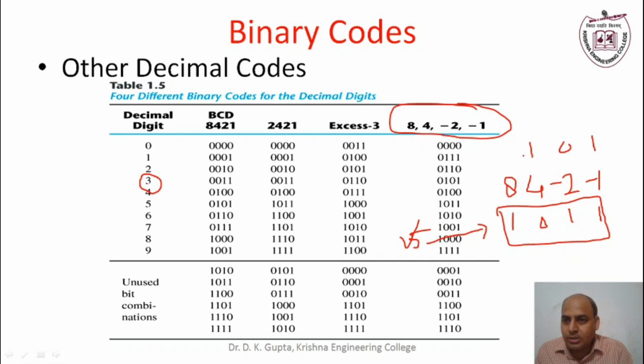So 0 we can write here, 0 here. So 0101 is the 84 minus 2 minus 1 code for decimal digit 3. Okay, so in this way we can convert the digit from one code into another.